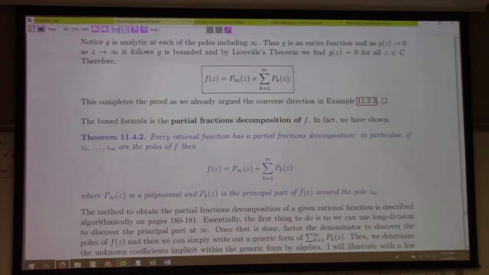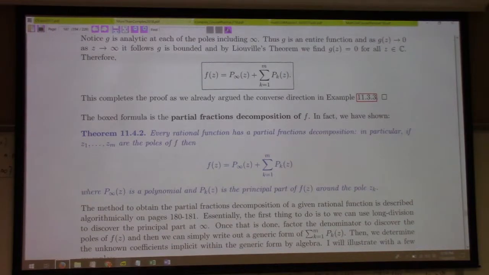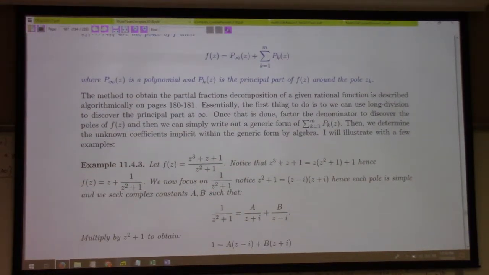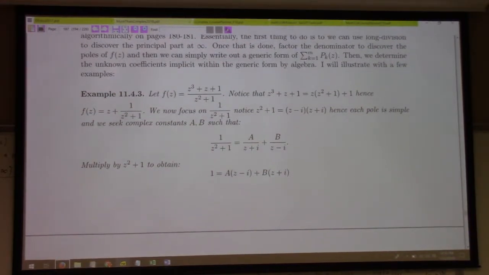So this is the theorem that we have essentially proved. Every rational function has a partial fractions decomposition, and in particular, that partial fractions decomposition very much is based on the singularities. So for the remainder of the section, guys, I have examples of partial fractions.